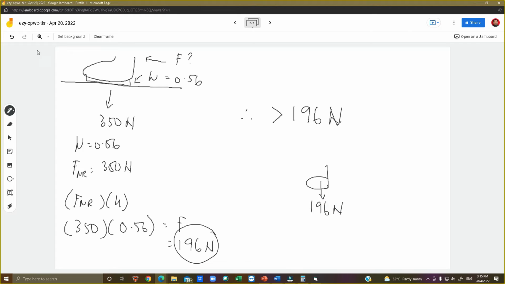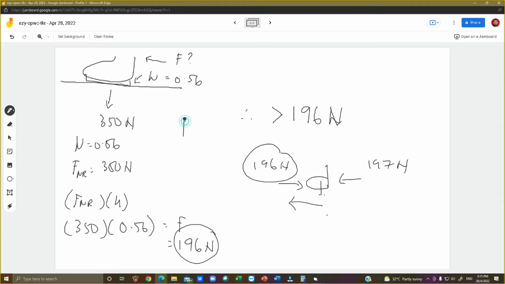Or, kalau tulis ke bawah ni orang kurang faham, dia jadi macam ni. Dia ada 196 Newton. Jadi kalau kita nak tolak dia, in order to make this shoe slide, means we need to have force larger than 196. 197 Newton. Dah boleh bergerak. Tu maksud normal reaction force.